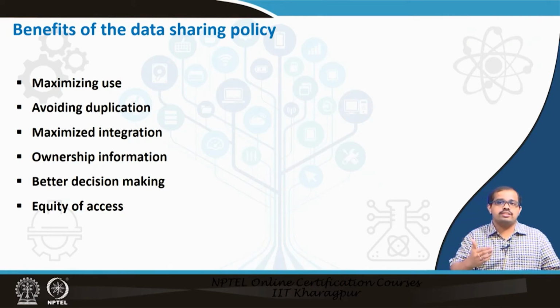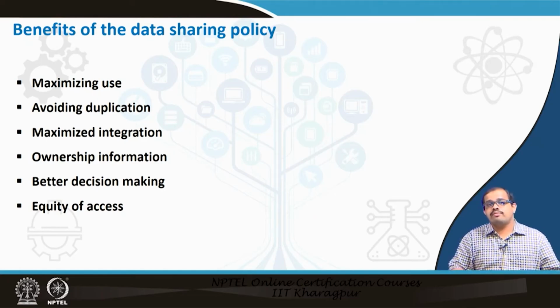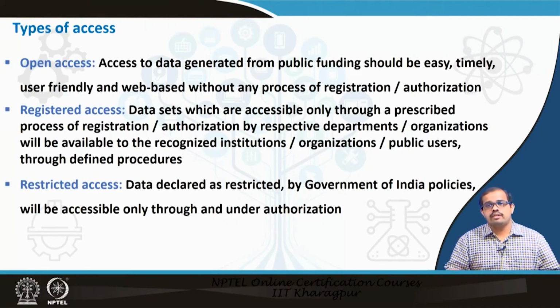So the policy is towards making decision making much easier. Then equity of access is never there in spatial data, so this particular policy is moving towards equity of access. That is why you need such policies, even with whatever data sharing we have.